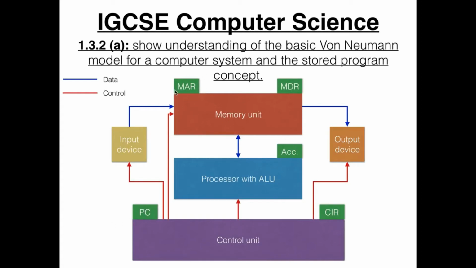These green things are called registers, and if you remember from the fourth video, we looked at registers like controlling a washing machine. We changed the ones and zeros to do different functions of the washing machine. Here it's a little bit different.